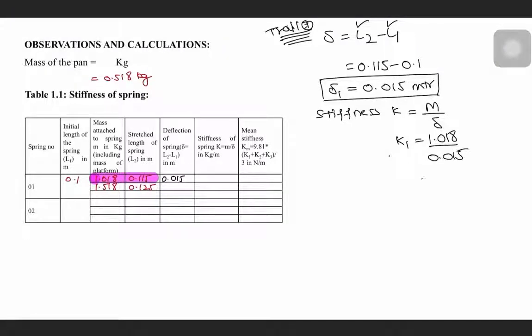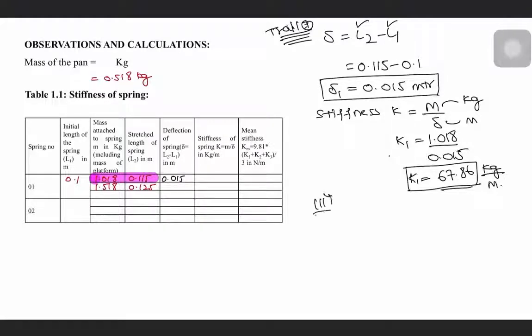If you calculate this, see, mass is in kg and delta is in meters. So whatever value you get would be in what? Kg per meter. So 1.018 divided by 0.015 leads to a value of 67.86. So this is your value of K1.